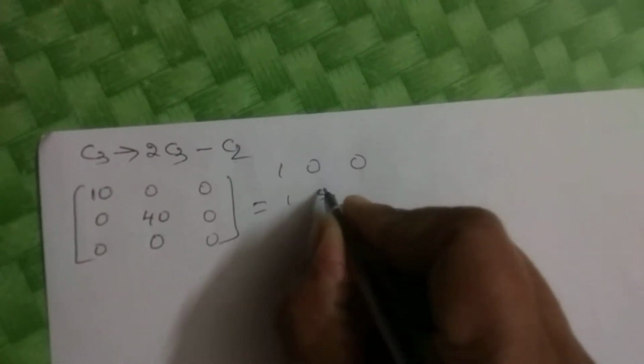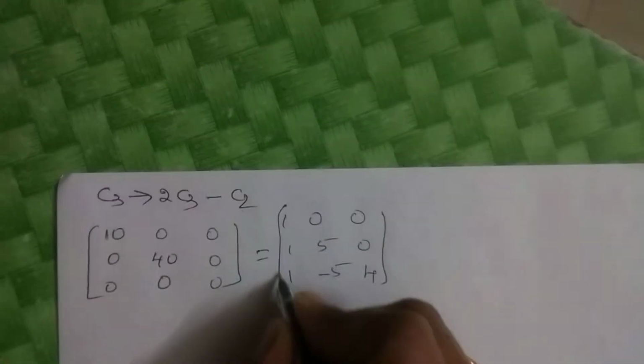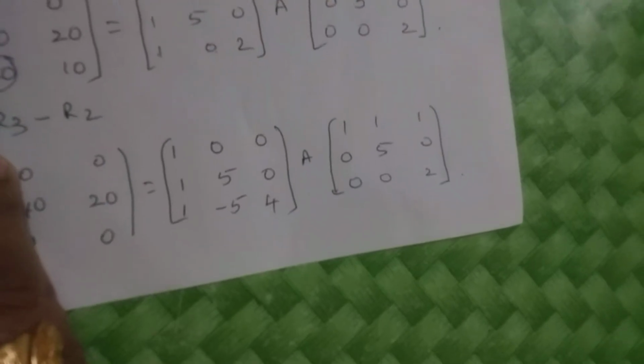1, 0, 0, 1, 5, 0, 1 minus 5, 4. Yes, 1 minus 5 and 4. Okay, this is the first I. What is the second I? Now we have to change 1, 0, 0, 1, 5, 0.